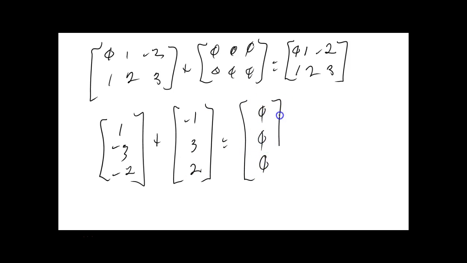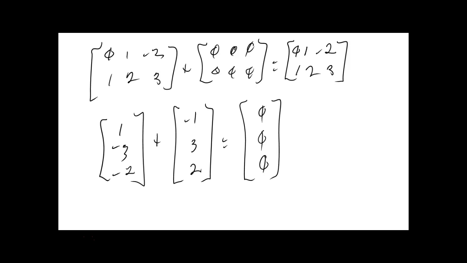Okay? So since those two add to be the zero matrix, we give those two a special name. These are called the additive inverses of each other. Just like 7 plus a negative 7 is 0. We say negative 7 is the additive inverse of 7, and vice versa, 7 is the additive inverse of negative 7.